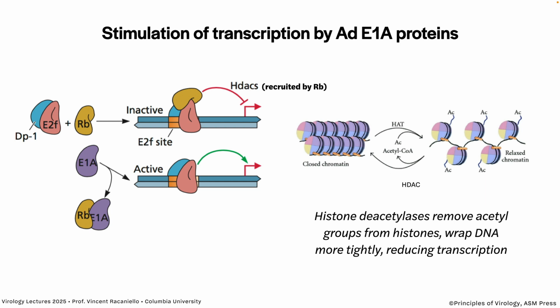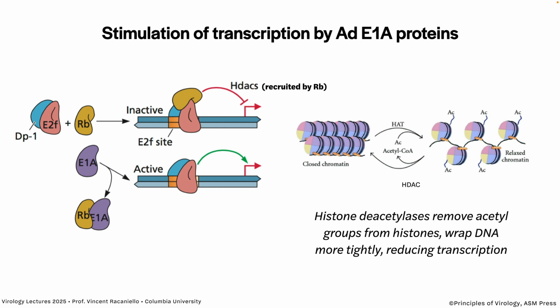And that's shown here. Here's closed chromatin because it's deacetylated in this case. If you acetylate it by a histone acetyltransferase, you open up the chromatin, you relax it, it becomes transcribed. If you take off the acetyl groups with a histone deacetylase, then the DNA wraps more tightly and it can't be transcribed.